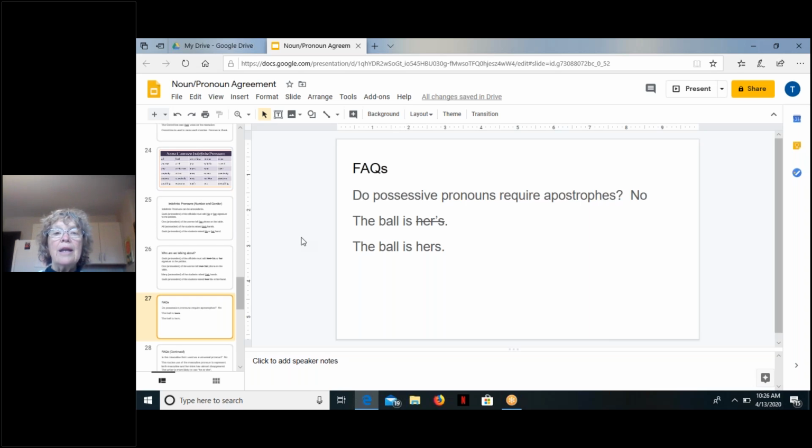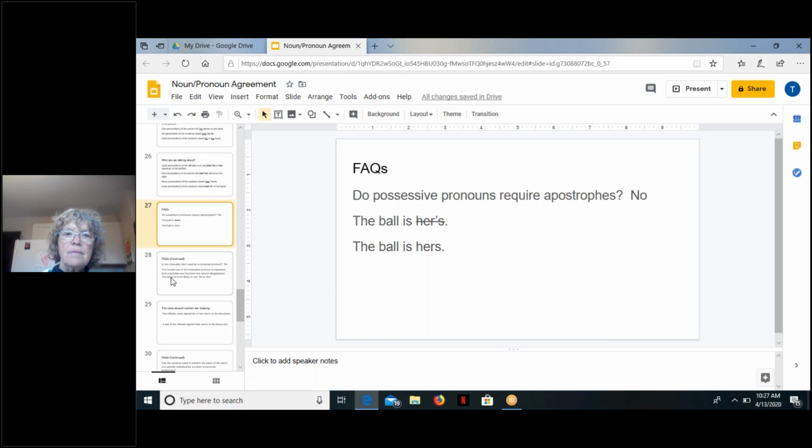If you were to put an apostrophe, it would be redundant. We don't need the apostrophe, because in a noun, if we say "the cat's tail," we know we put an apostrophe S when we're referring to the tail of the cat. But in this case, "her" is already possessive, so we don't use apostrophes when we are writing our possessive pronouns.